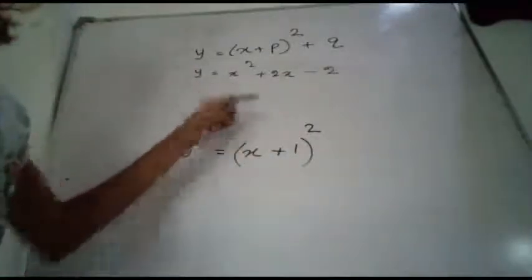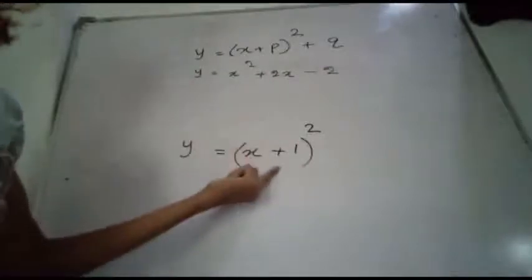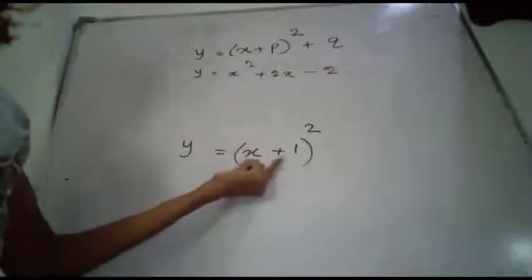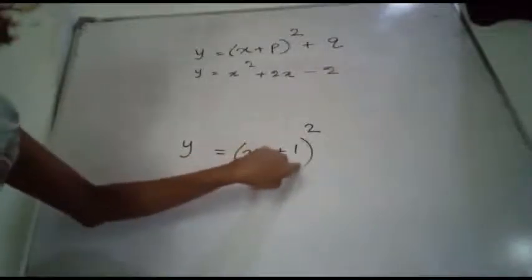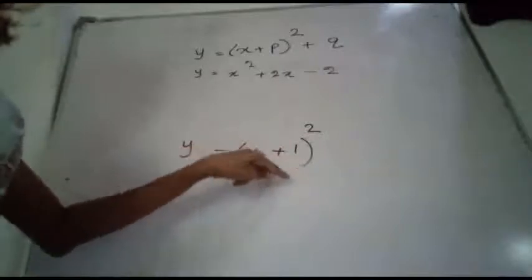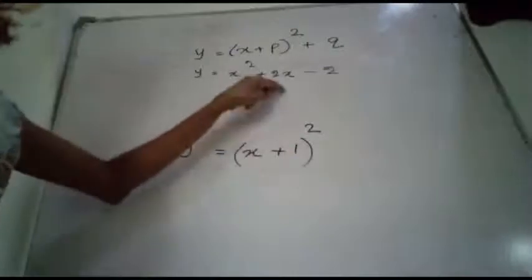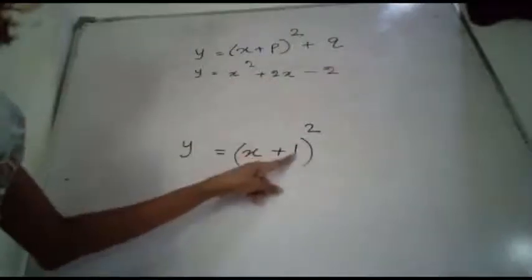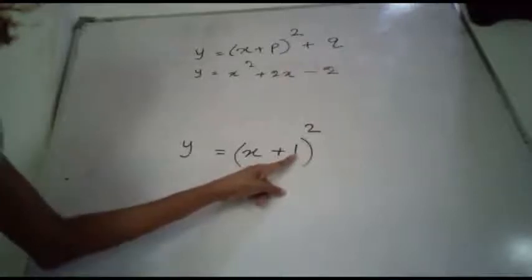We expand: x squared plus 2 times the product of these two terms, x times 1, 2x, then plus the square of 1, 1 times 1 is 1.